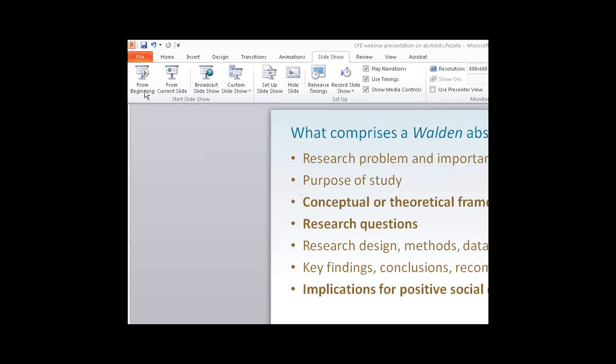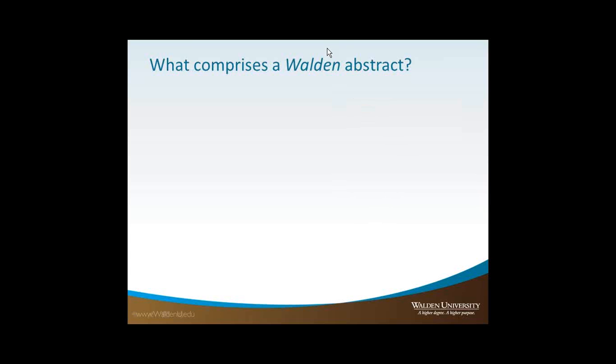So I've sort of given away the rest of the unique elements of Walden abstracts. You can see here which ones are bulleted, which ones are not. So beyond what we've covered already, I apologize, this takes just a minute for it to refresh on my screen.